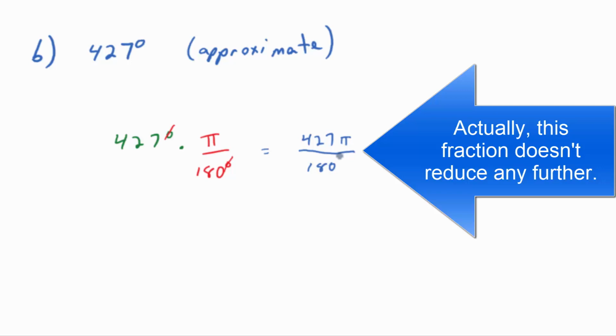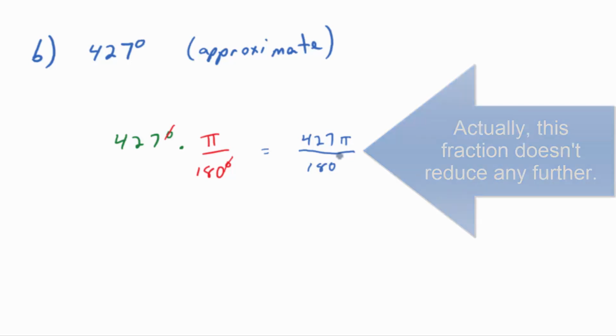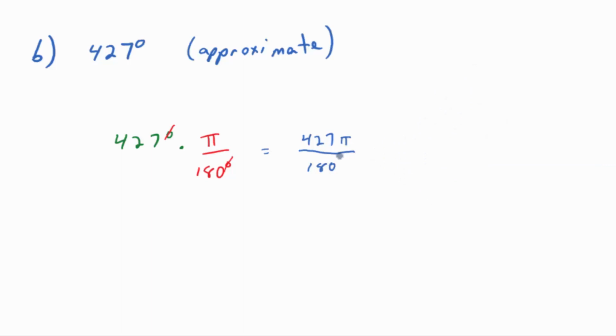Let's go ahead, take out your calculator. Let's have more than one person doing it so we can check to make sure a wrong button wasn't pushed somewhere. Take 427 times pi. Hit the pi button on your calculator. Don't use 3.14. Hit the pi button, and then divide by 180.